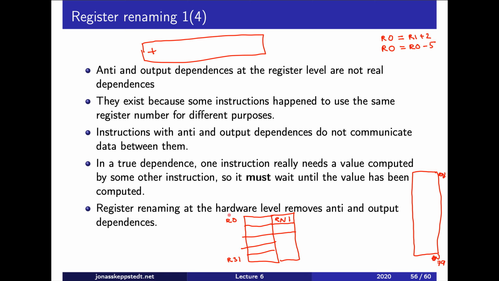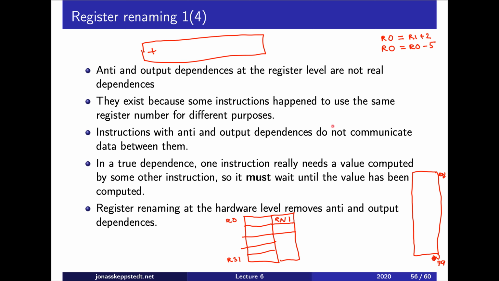Let's see where register 0 is. It checks if it is being calculated into some rename register. Okay, it is. So this subtract cannot execute until rename register 1 has got the value.